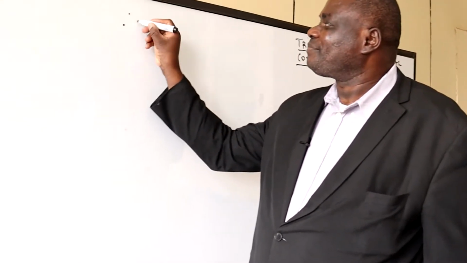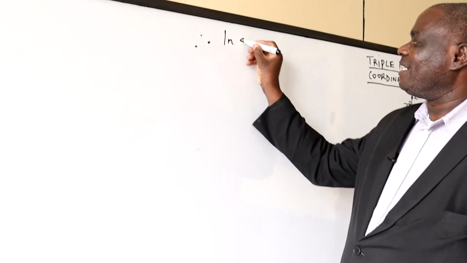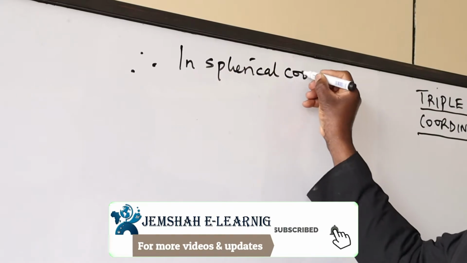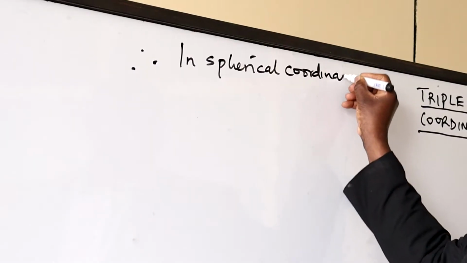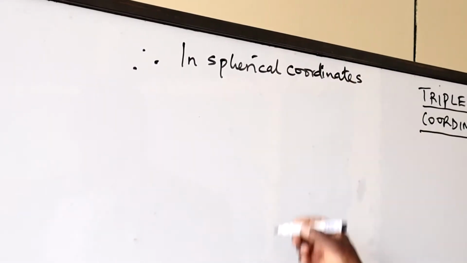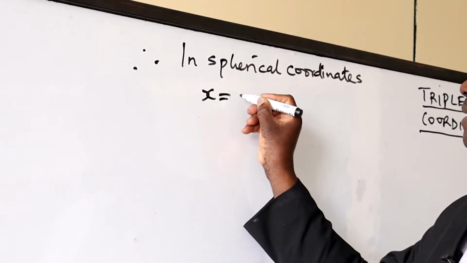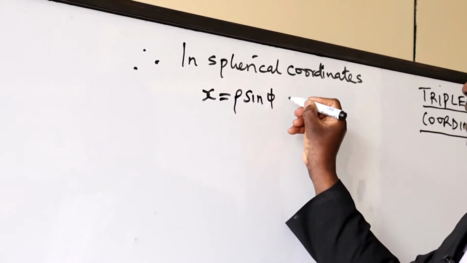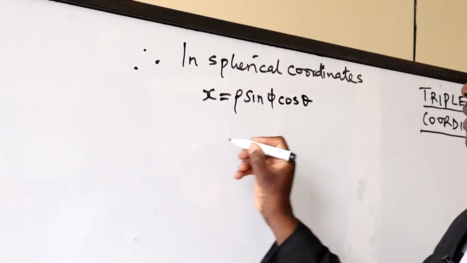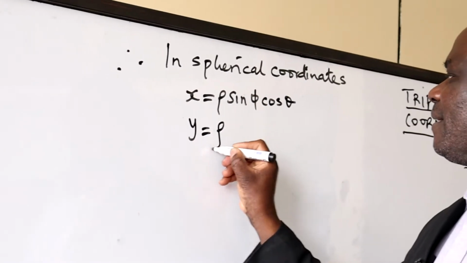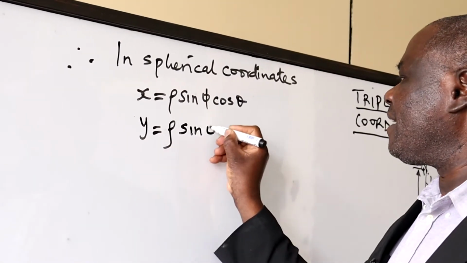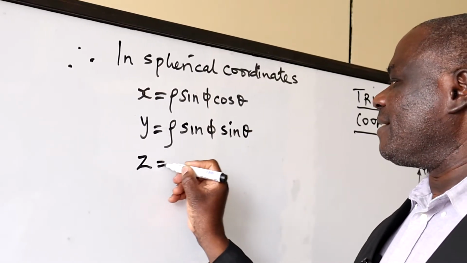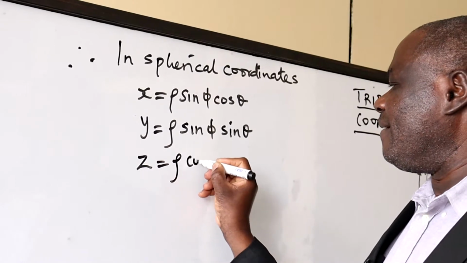Therefore, in spherical coordinates, x is equal to rho sine phi cos theta. y is equal to rho sine phi sine theta. z is equal to rho cos phi.